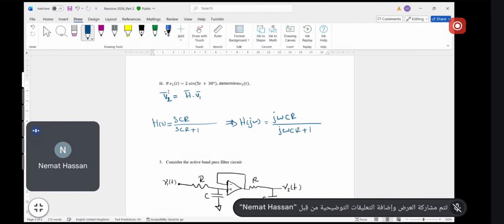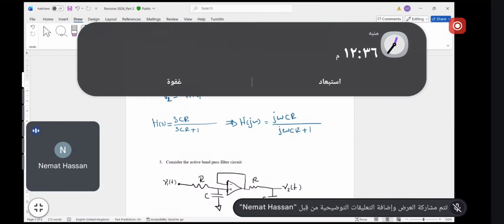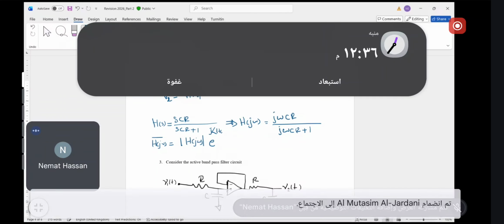But I'm going to use phasors. So step 1, to find the phasor of H of J omega. The phasor of H of J omega is equal to the magnitude of H of J omega times e power j, the angle of H of J omega.